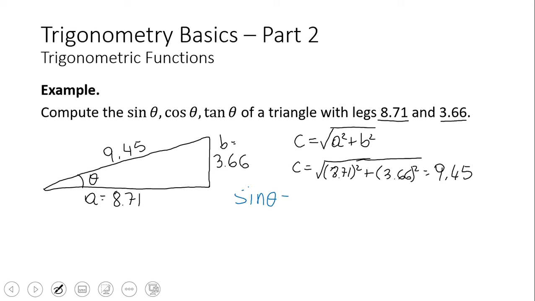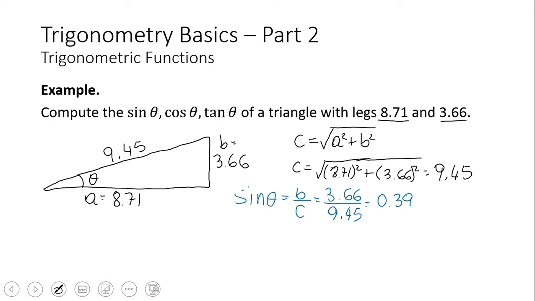The sine is the opposite, so the side B, opposite to that angle, divided by the hypotenuse C. This is 3.66 divided by 9.45. Again, you plug this into your calculator and you get 0.39.